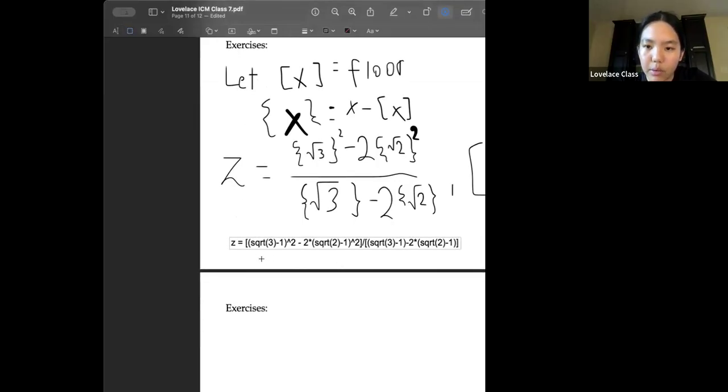Once we expand it out, trust me, in the end z will simplify to negative 2 minus 2 times root 3 plus 4 times root 2 all over 1 plus root 3 minus 2 times root 2.